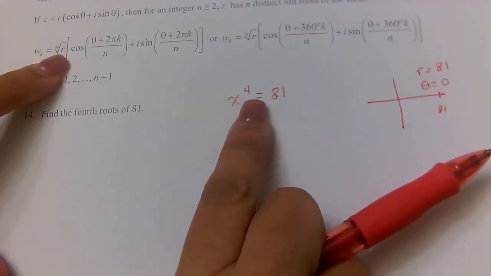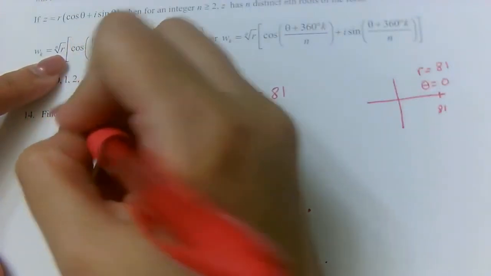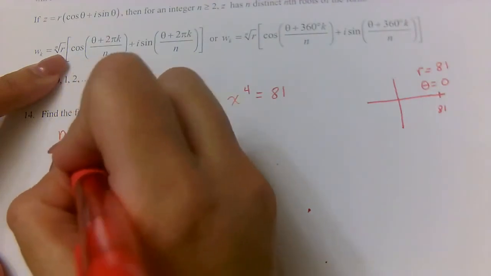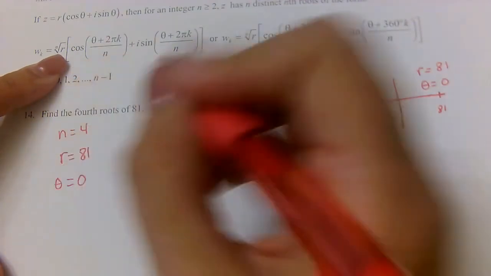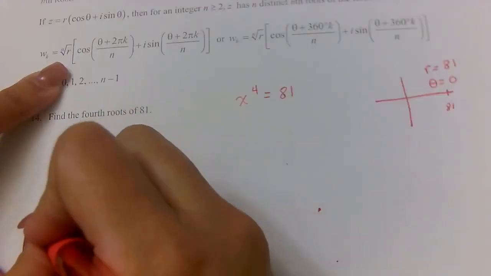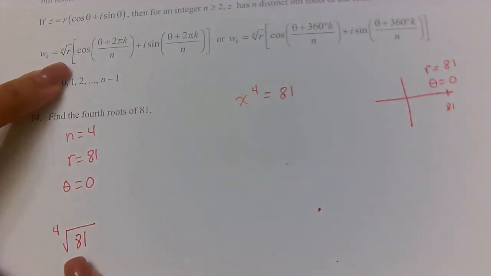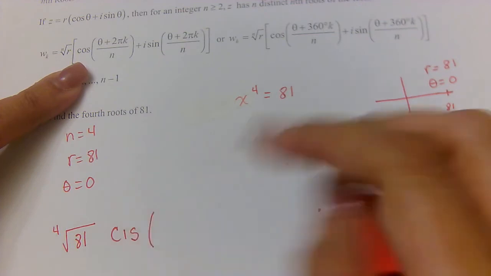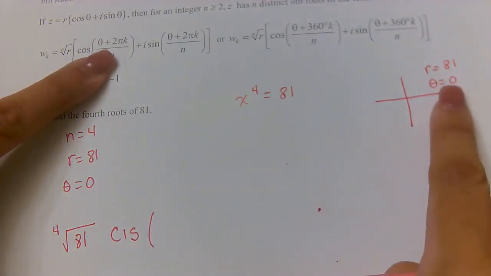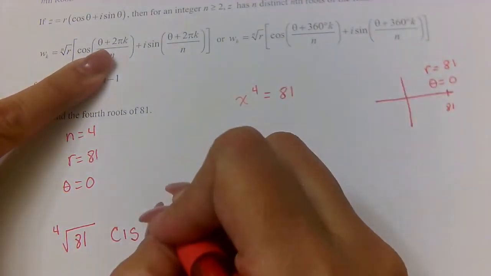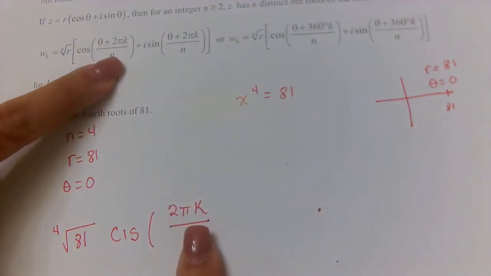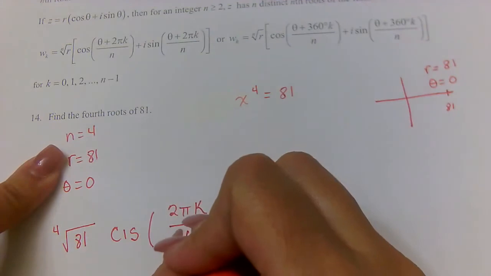N, in this case, is going to be equal to 4. R is going to be 81, and theta is going to be 0. So 81 to the one-fourth, CIS, 0, because that's theta, plus 2 pi k, divided by N, which is 4.